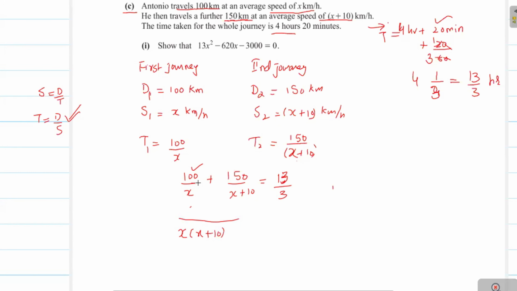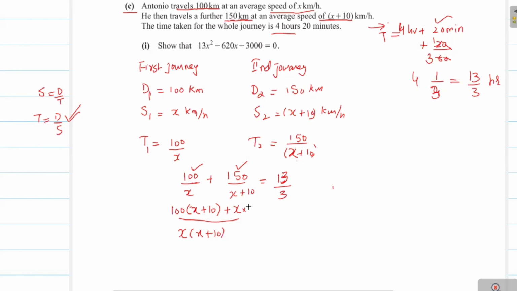The denominator of 100 over x becomes x into x plus 10, therefore we multiply 100 by x plus 10. For the second fraction, the denominator is x plus 10 and now it is x into x plus 10, therefore we have to multiply the numerator by x also.